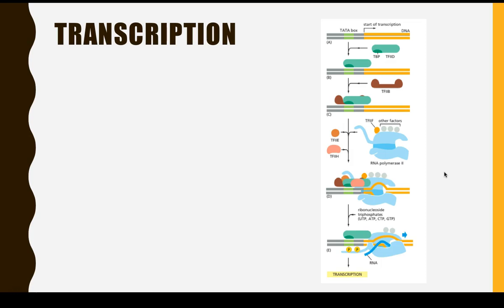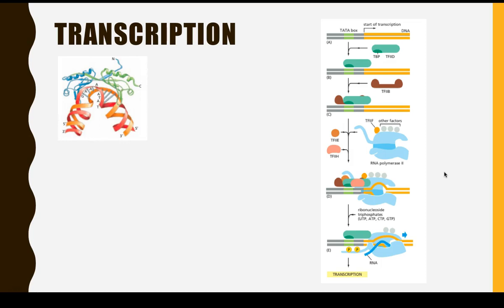The TBP binds to the Tata box and bends the DNA at a 90-degree angle. Once transcription factor 2D, or TF2D, and TBP bind to the Tata box, TF2A is recruited, and then TF2B.